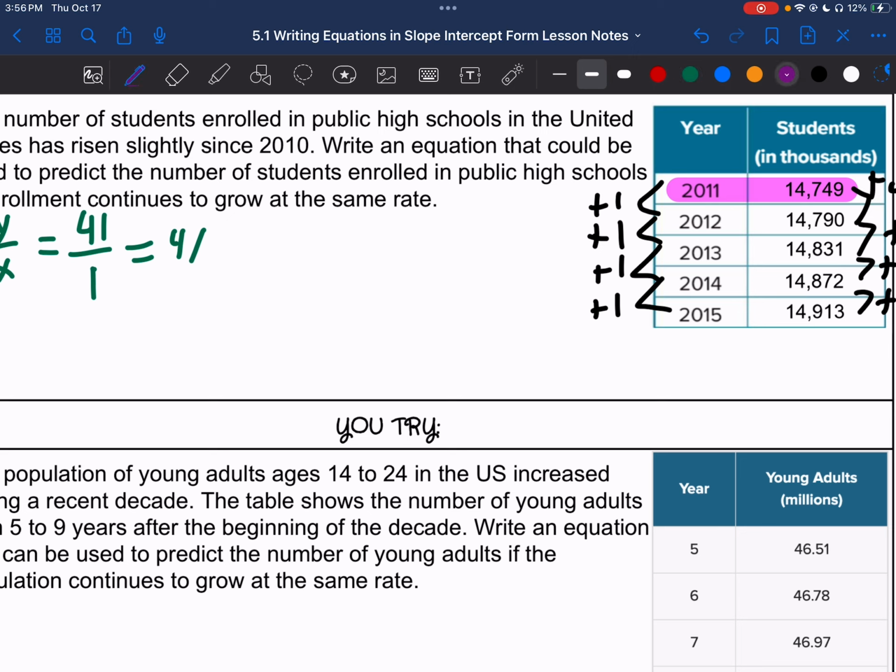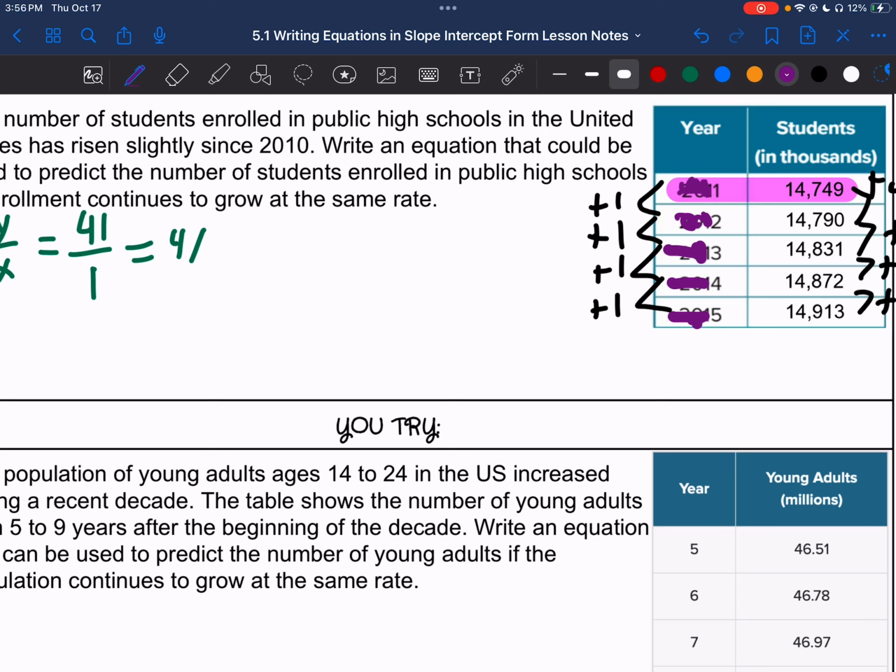So how many years after 2010 is 2011? It's only going to be 1 year after. And as we look down, the rest of them would be 2 years after, 3 years after, 4 years after, and 5 years after. All right, so we can think of those as being years 1, 2, 3, 4, and 5.